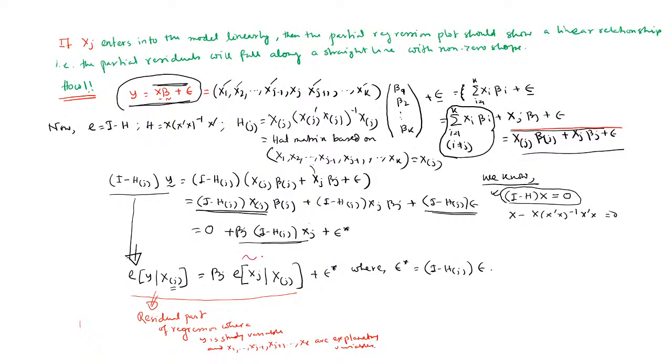and this portion is the residual part of the regression equation where xj is the study variable, mind it, xj is the study variable, and x1, ..., xj minus 1, xj plus 1, ..., xk are explanatory variables.